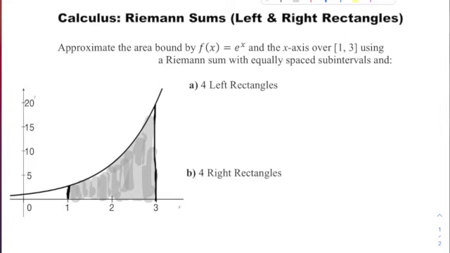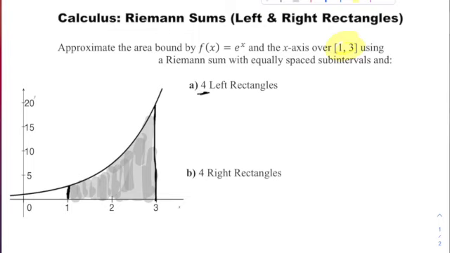So first thing first is to determine how wide each rectangle is going to be. I know how to find the area of a rectangle. It's base times height, but what is that base? What's that height? So we are going over the interval of 1 to 3, and so that's a total distance of 2 units.